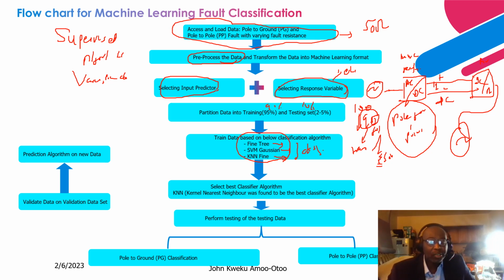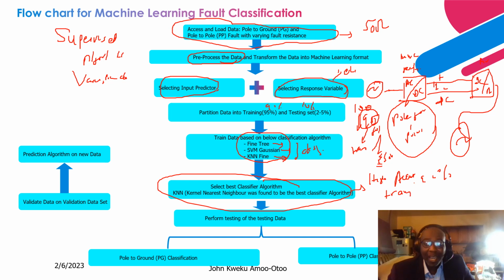Based on your classification, you come up with the best classifier algorithm based on the highest accuracy percentage-wise, then the training time. Remember, training time is very important because it translates into computational burden.